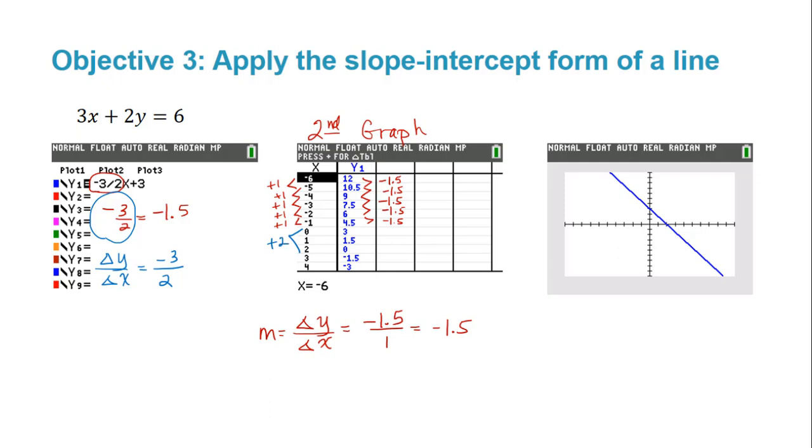It's an increase of 2. And to go from 3 to 0, notice that that decreased by 3. From 2 to 4 is an increase of 2. And from 0 to -3 is a decrease of 3. So like I was saying earlier, as long as the ratio is the same value as the slope, it's going to be constant through that line.